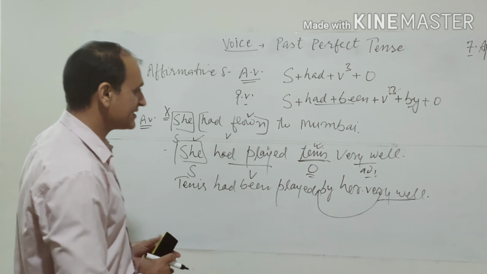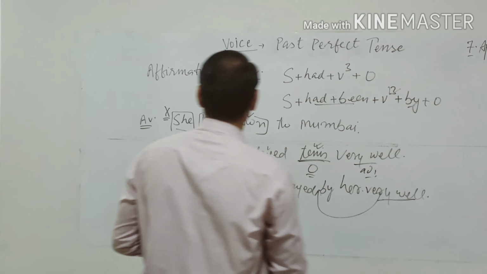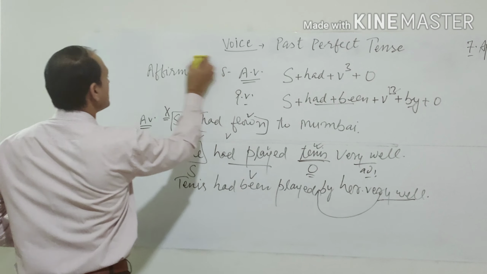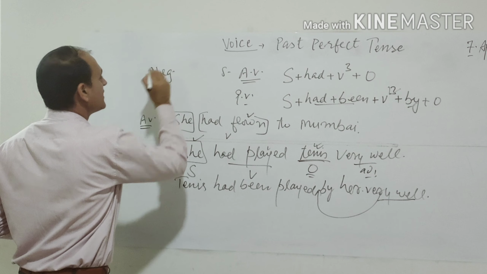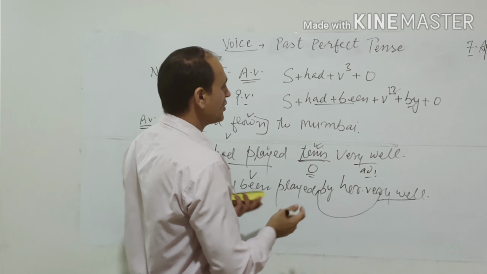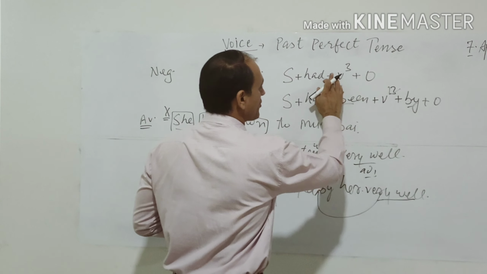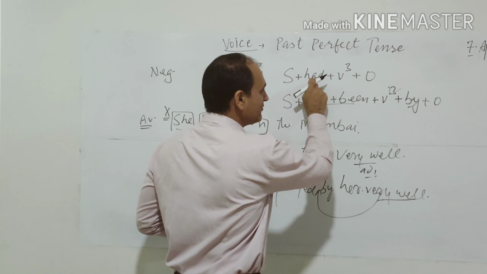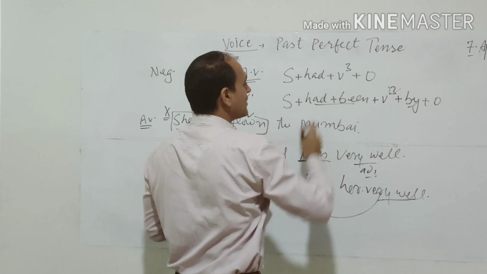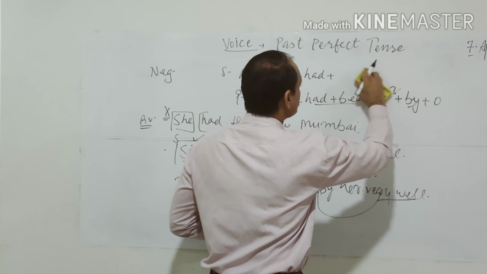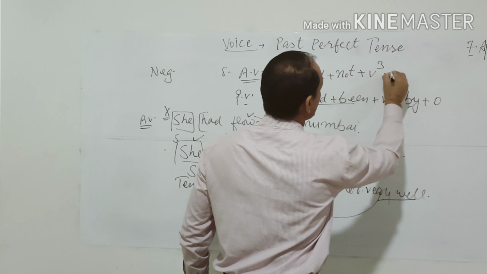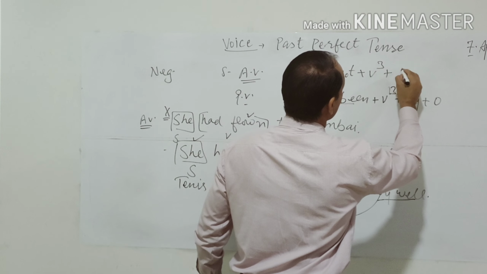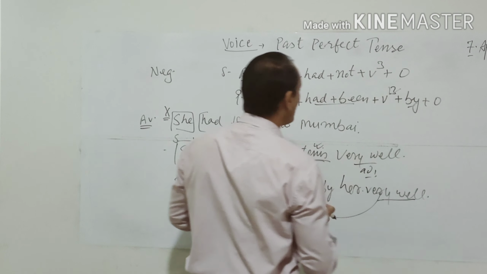Now let's change the sentence into negative format. From affirmative we'll change them into negative, and in negative only one thing we have to add, that is not. So between the helping verb and the main verb we'll use the word not. So the structure will become had plus not, then V3, and then we'll take the object.